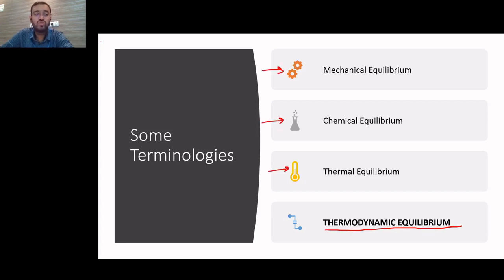Equilibrium is when all of the driving forces for the process in question are balanced.